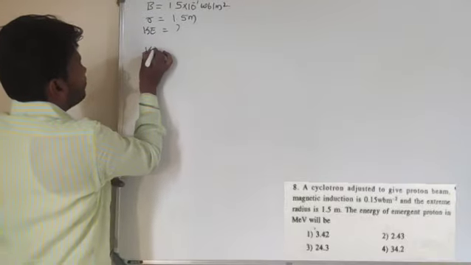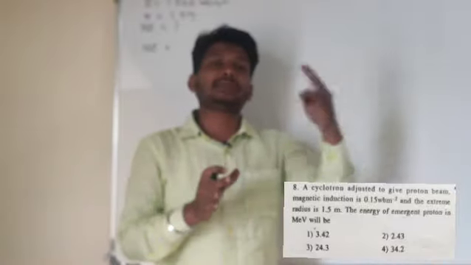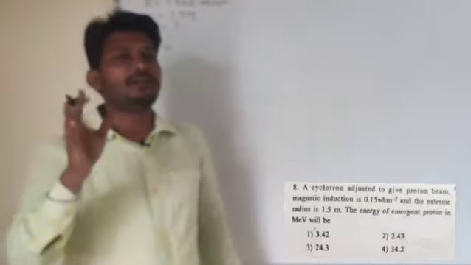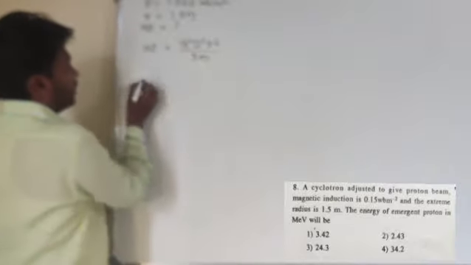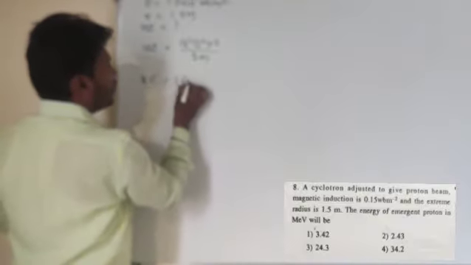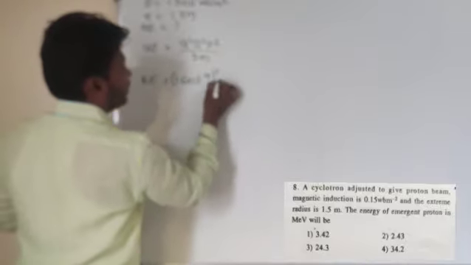For example, in the case of a cyclotron, what is the equation for the maximum kinetic energy of the charged particle? Maximum kinetic energy is equal to q square B square R square divided by 2m here. I want to find out that kinetic energy, right? Magnitude of the charge 1.6 into 10 to the power of minus 19 whole square.